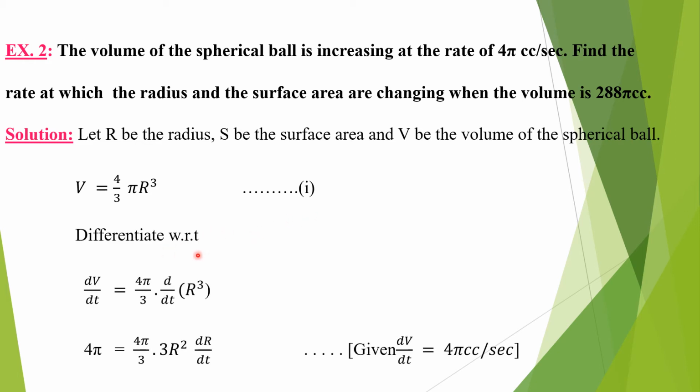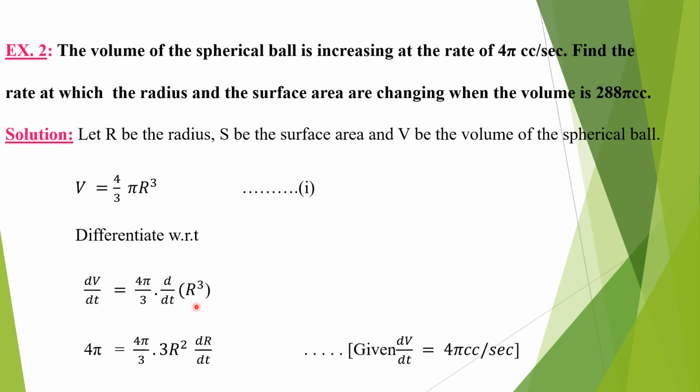Differentiating with respect to t, dV by dt equal to 4 pi divided by 3, which is a constant term, so take it outside, then d by dt of r cube. Put the value of dV by dt, which is given as 4 pi cubic centimeter: 4 pi equal to 4 pi divided by 3 times the derivative of r cube.